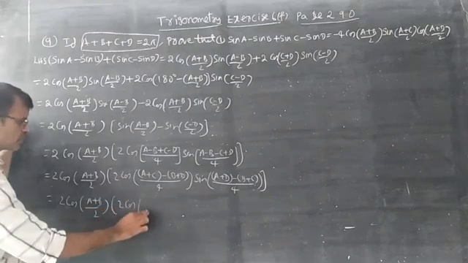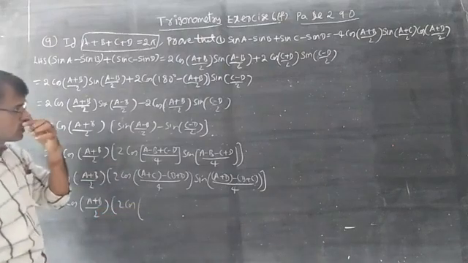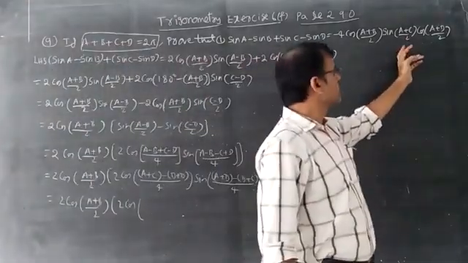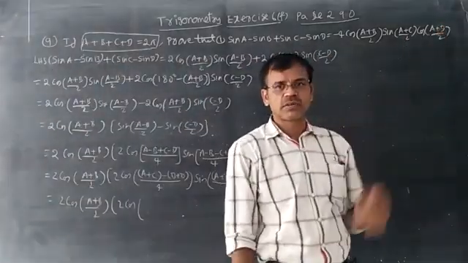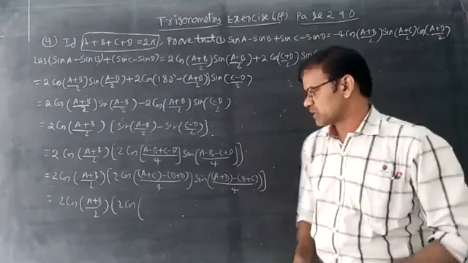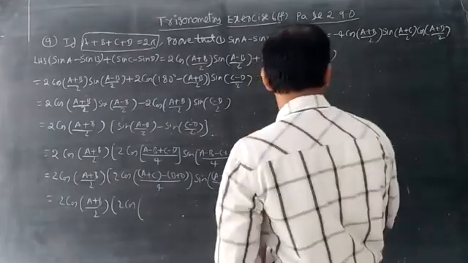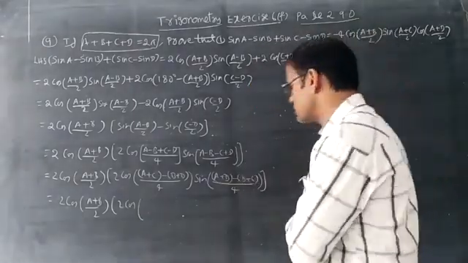2 cos of a plus b by 2 into 2 cos of this one. According to the question, sine of a plus c is asked, cos of a plus d is asked, so everything is in terms of a plus b and a plus c.